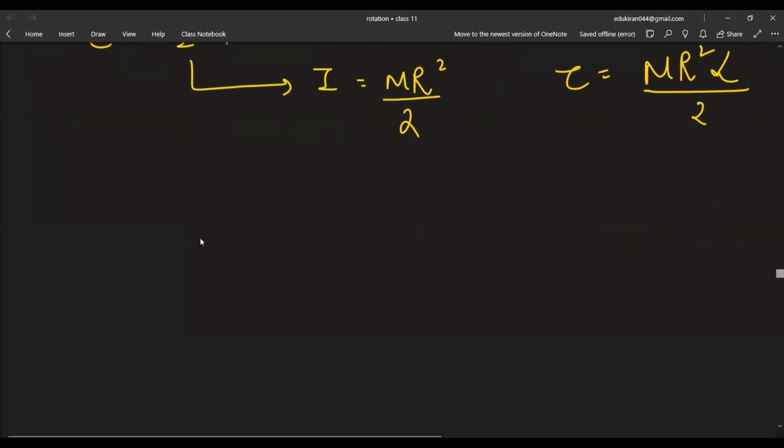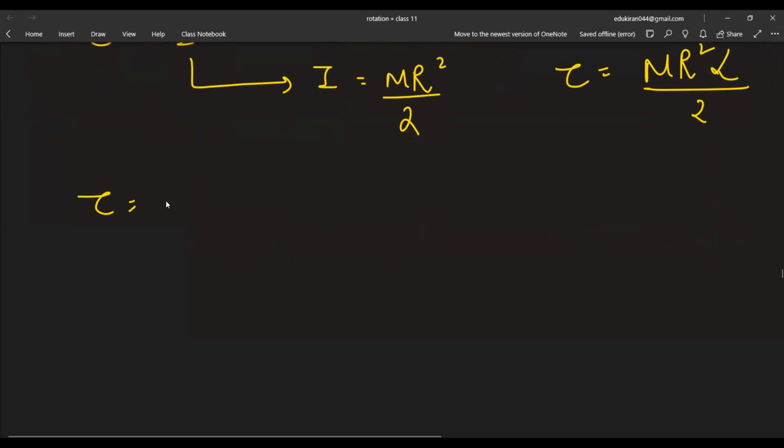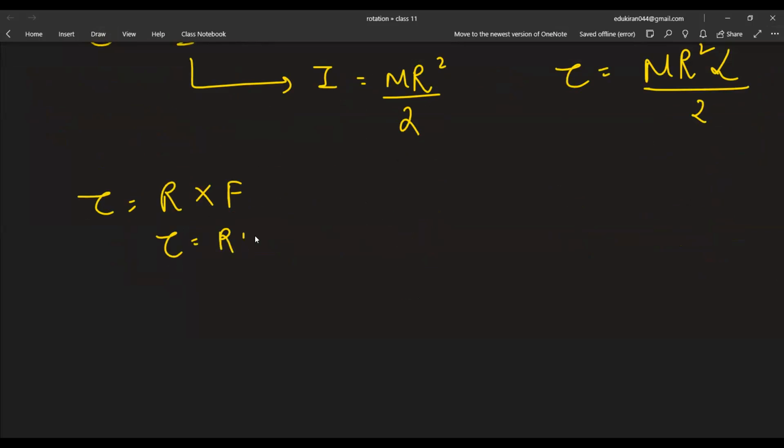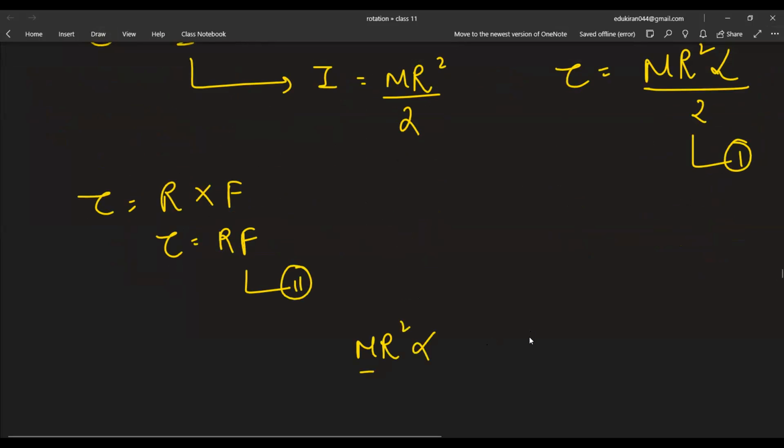Now, torque can be related to the force and radius. Torque is equal to R cross F, so torque is equal to RF. Now you have two equations for torque. This is the first equation, this is the second equation. We can equate both of these. So the formula becomes mr square alpha by 2 is equal to RF.